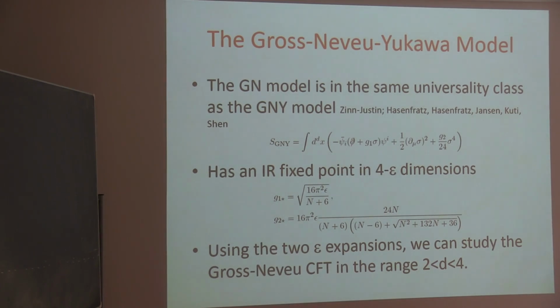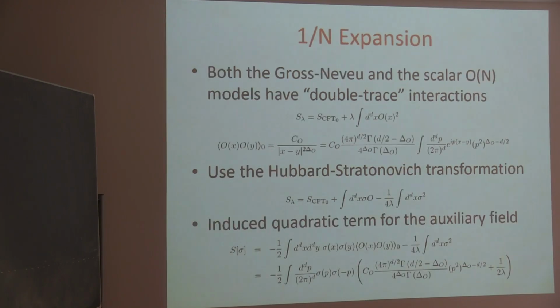You can push this 4 minus epsilon expansion. Then you can also use the 2 plus epsilon expansion from the non-renormalizable theory, in the same spirit as we did for the O(N) model, and define the theory in the whole range between 2 and 4 dimensions.